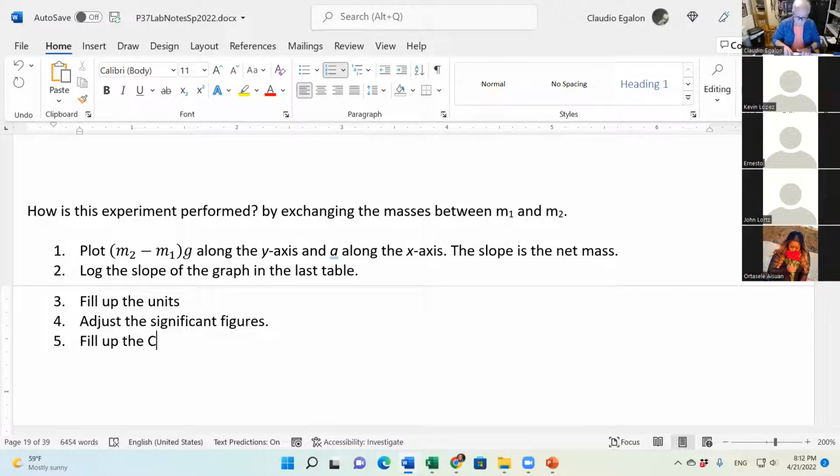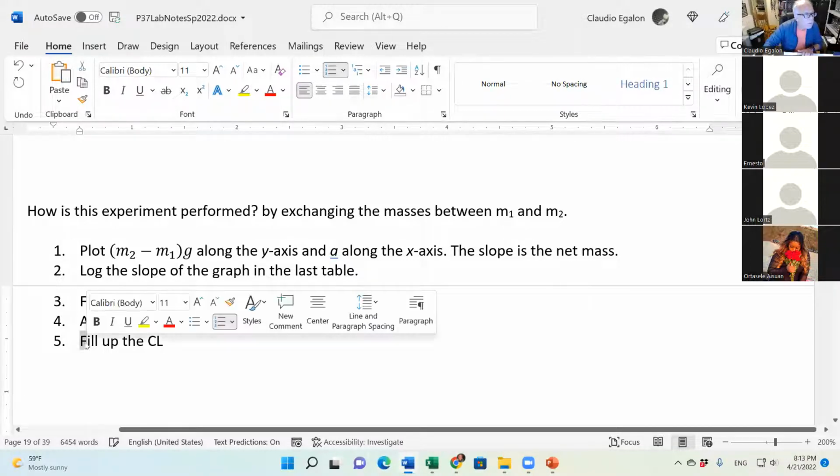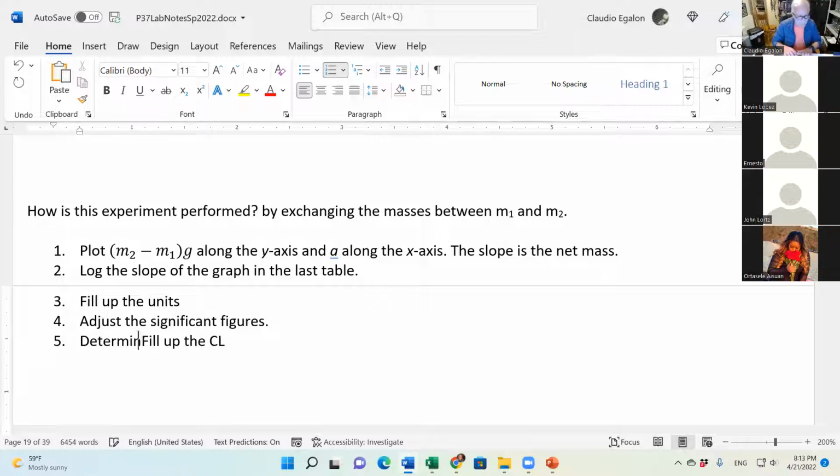The CL. Determine CL, and document it in the table.